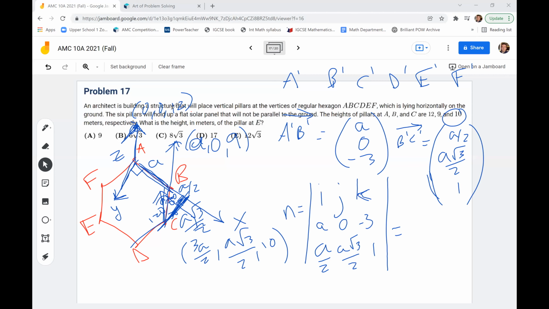By doing the cross product, i, j, and k represent unit vectors in the directions of the x, y, and z axes, respectively. So I would do 0 times 1 minus -3 times a root 3 over 2. That gives me 3a root 3 over 2 i. Then it alternates, so it's minus. For j, it's a minus -3 times a over 2, or a plus 3a over 2, which is 5a over 2.